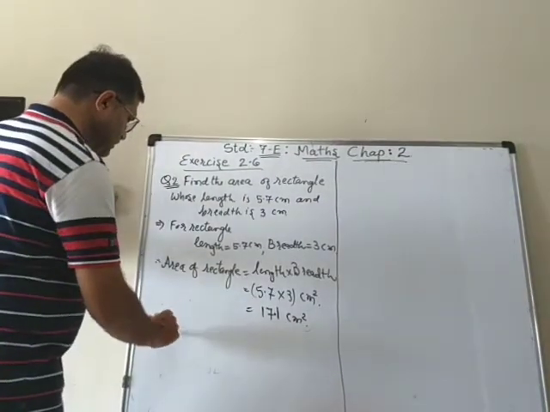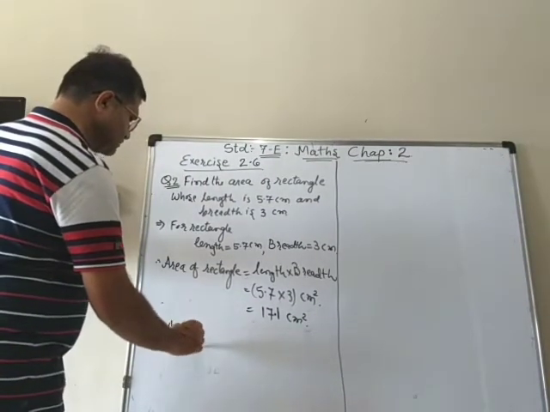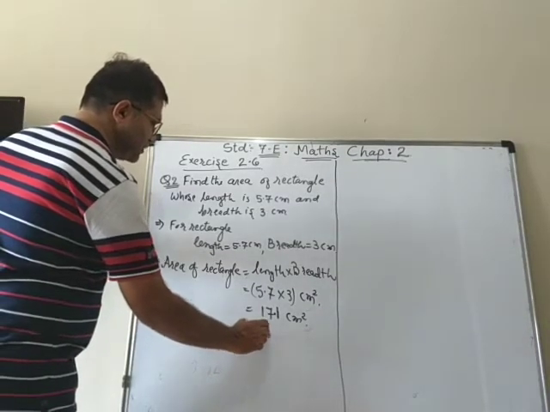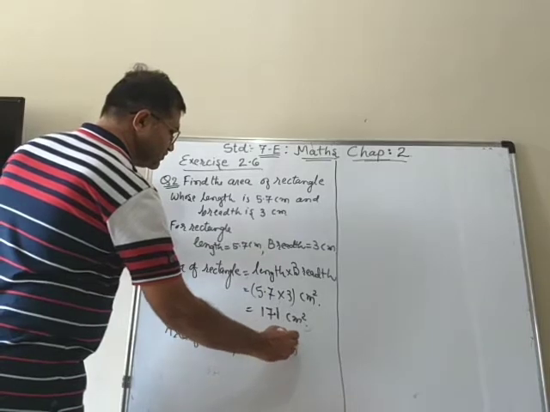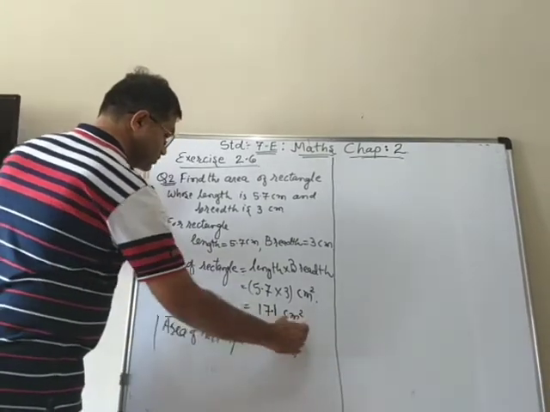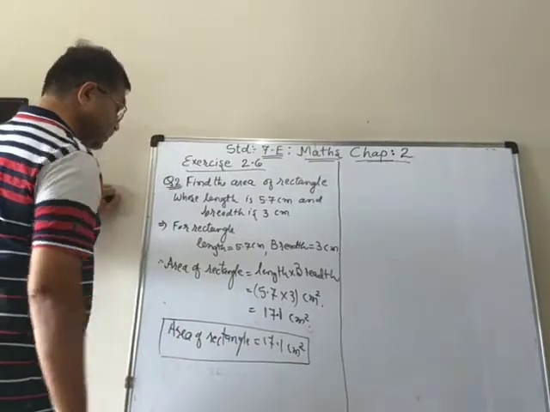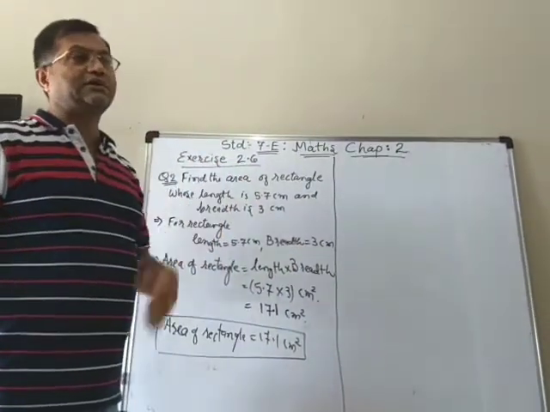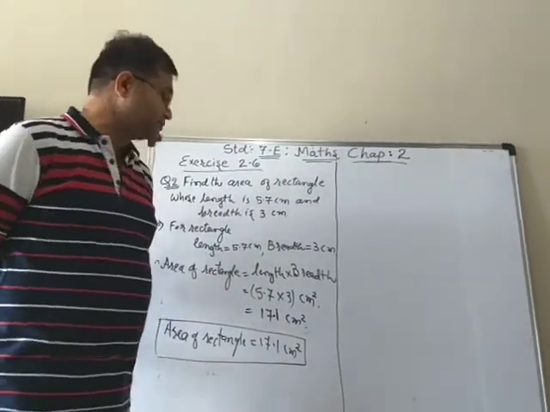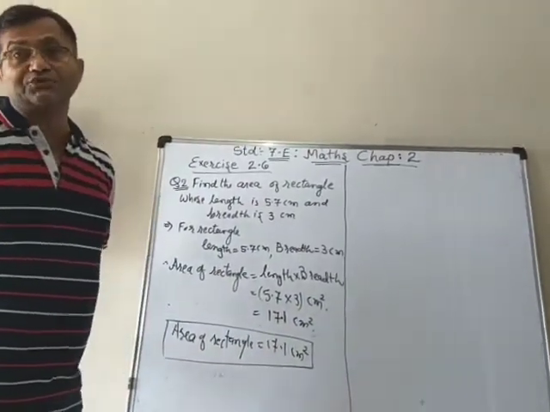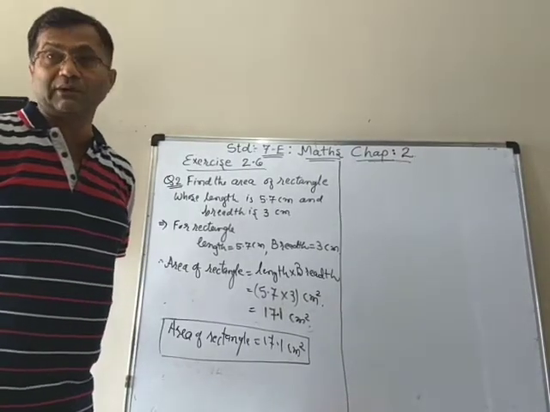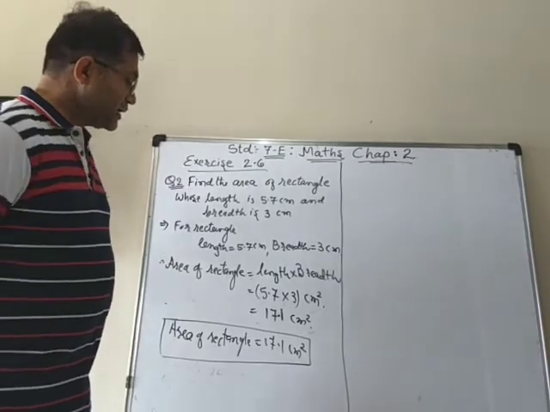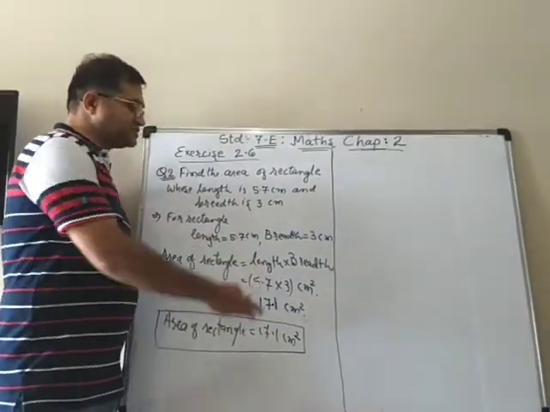So you can write down area of rectangle is equal to 17.1 centimeter square. So it is easy, just as we learned in the previous videos also, that when we multiply the decimal numbers, we have to multiply them as a whole number first, ignoring the decimal point, and then we have to find total decimal places on both the numbers.